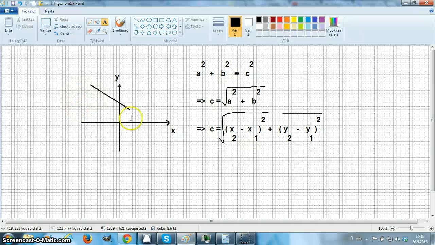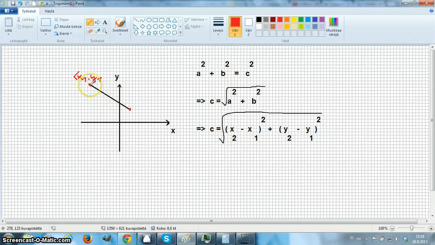There are 2 points on the line, over there and over there. Let's call the first one x1, y1.